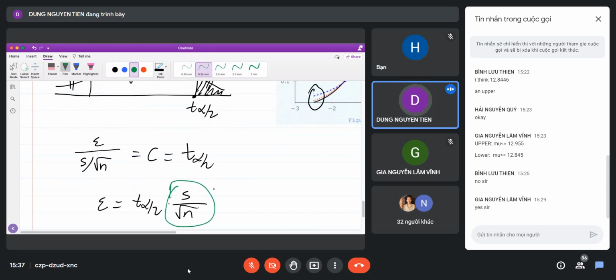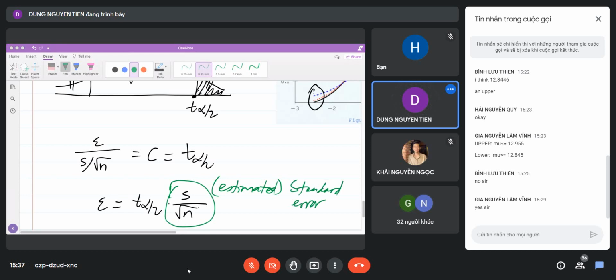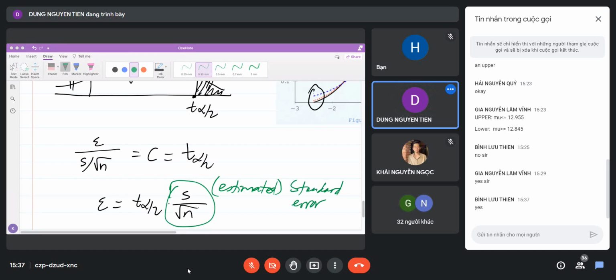This factor is called the estimated standard error. Do you understand? Is that clear? May I move on?